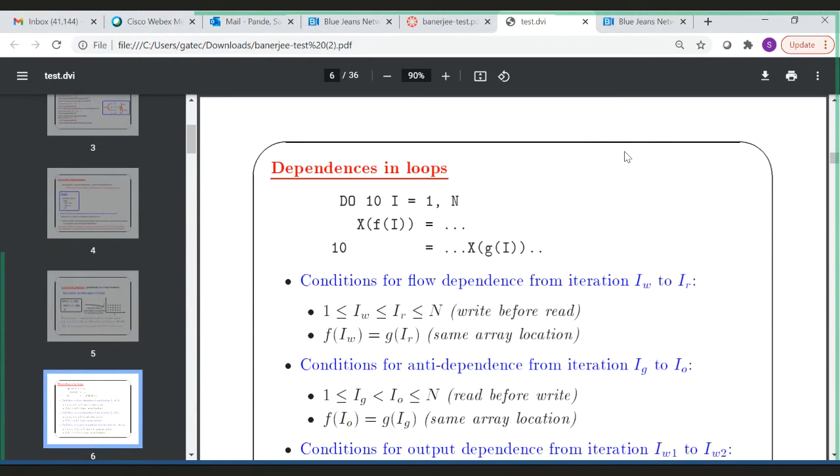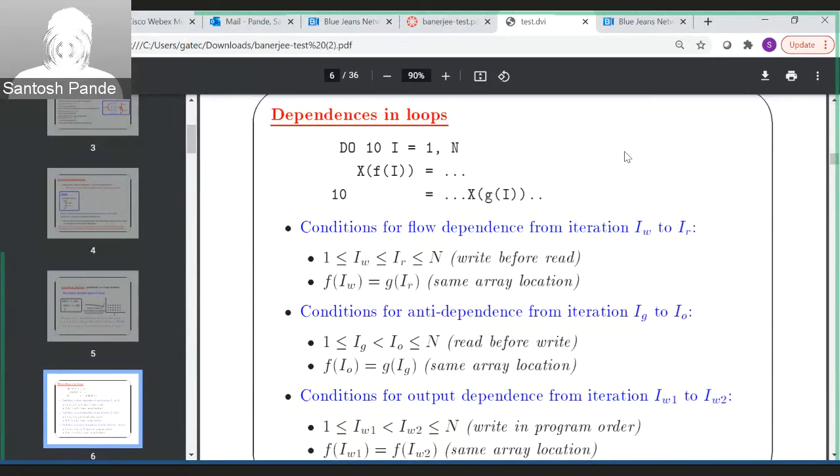So what we need to worry about is how to first formulate this problem, and then we'll see how to go about actually building a solver, or how to solve this particular problem. So you have here, as a generalization, a do loop from 1 to n, and then we have an index into the array space X of f of I. So f of I is an integral function of I, which is the index.